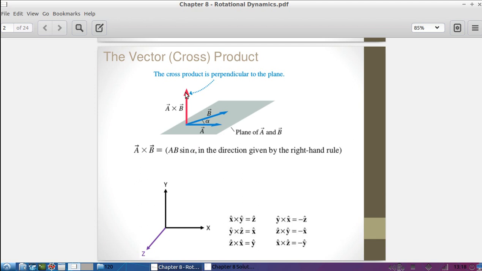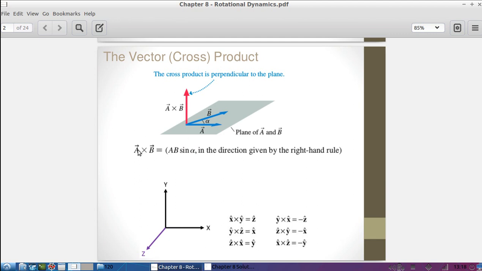This vector would be in what we call the Z direction, because in real life, we live in 3D space. Up to this point, we've only dealt with motion in 2 dimensions, but we have to define this third axis, the Z-axis, to represent the third dimension.